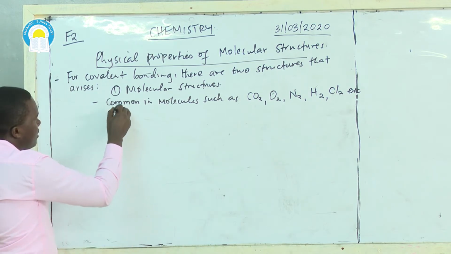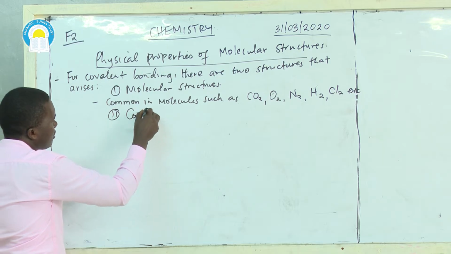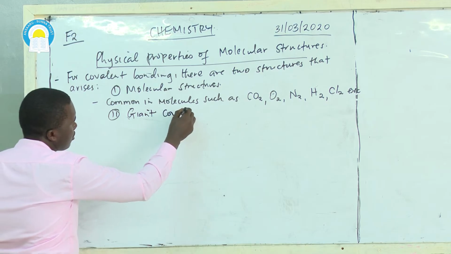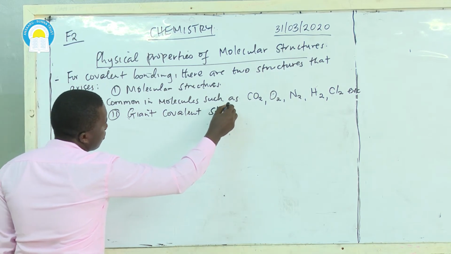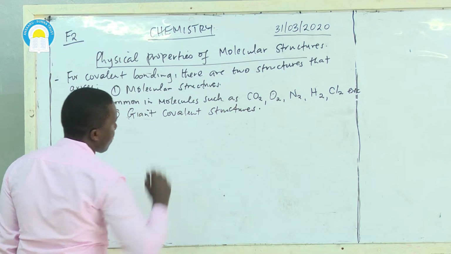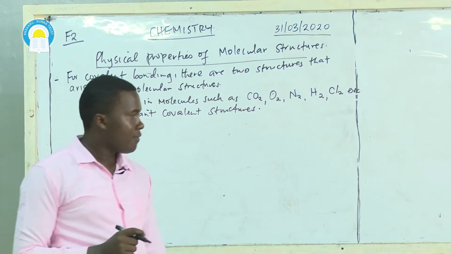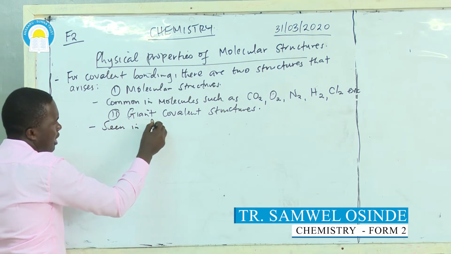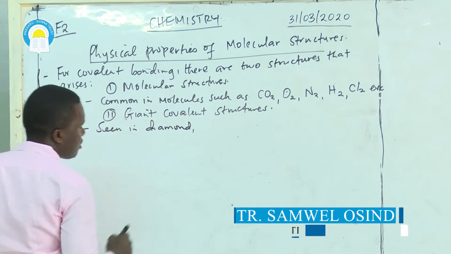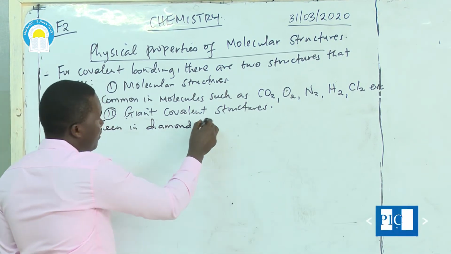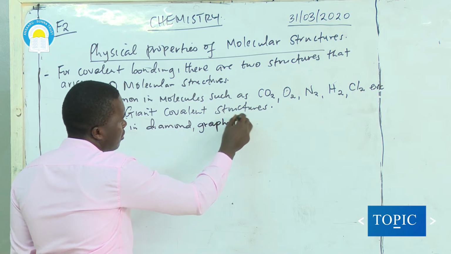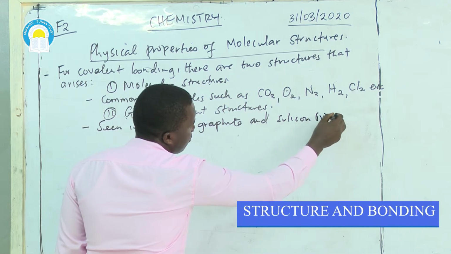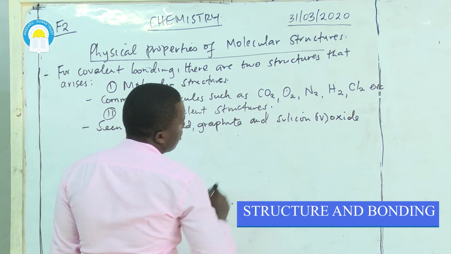Then the second one is giant covalent structures. So this one is seen in diamond structure, graphite, and silicon 4 oxide.